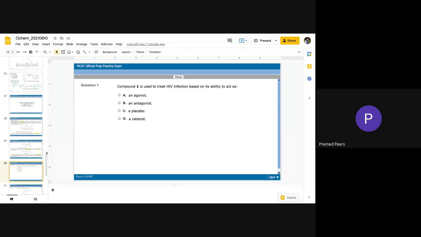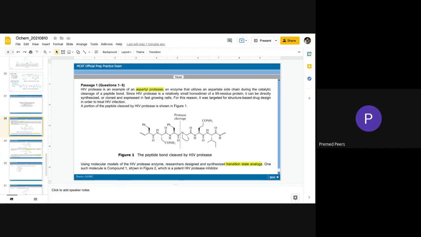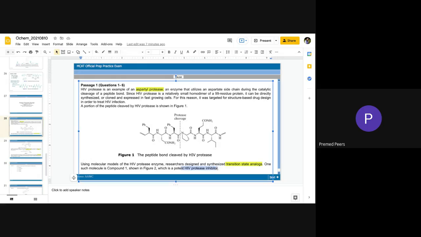So the first question asks how compound one is used to treat HIV infection. Since we already broke down the paragraph itself, you do see that they say compound 1 is a potent HIV protease inhibitor.